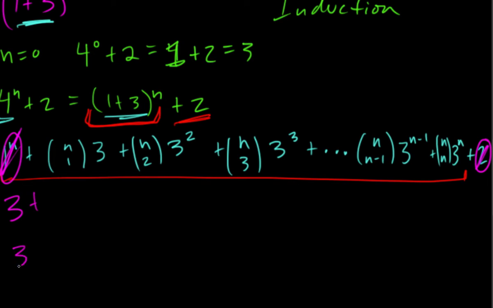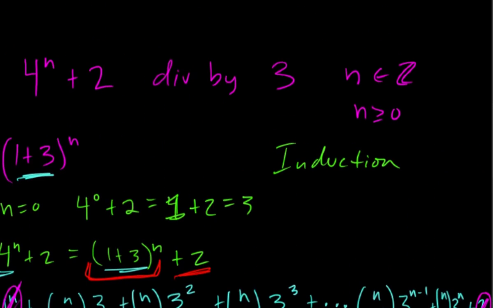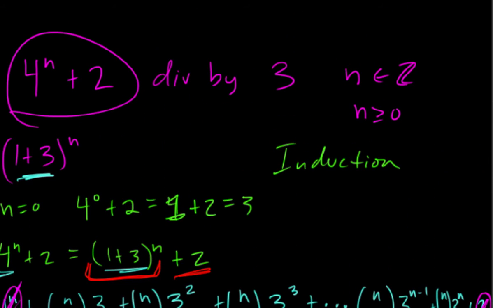So in other words, we could take out a 3, and that 3 would become a 1. Since there's a 3 on the outside, we know all of that is divisible by 3. Therefore, this thing is divisible by 3.